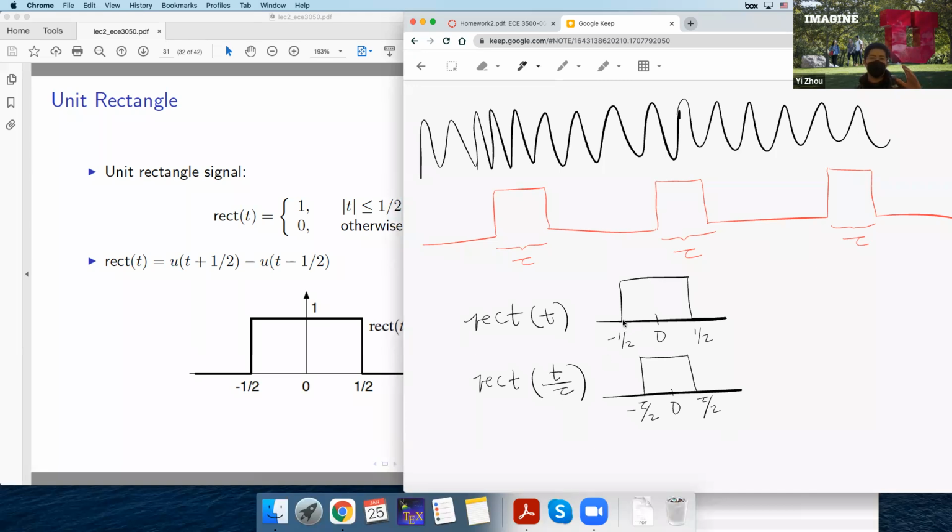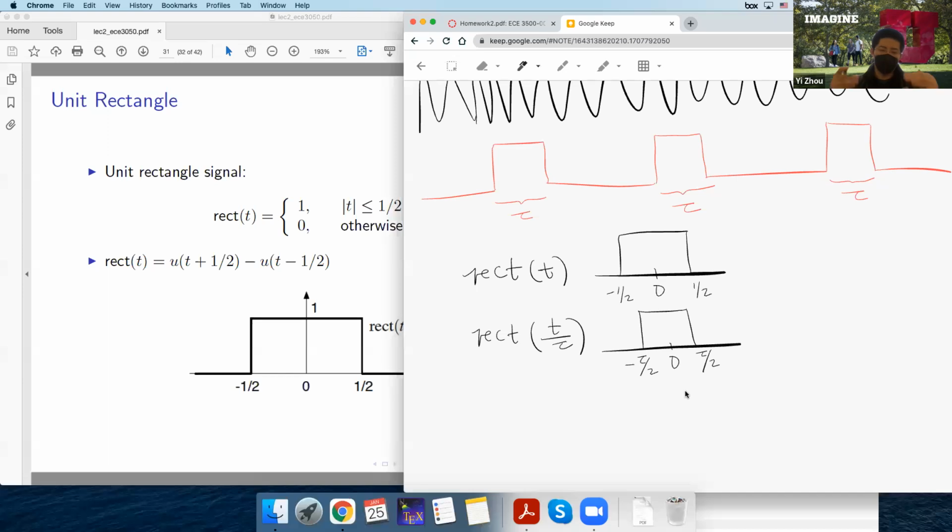So the duration of this rectangle signal will be scaled by tau. Now the duration is between negative tau over 2 and tau over 2. Okay, so now I have a rectangle signal which lasts for tau seconds.